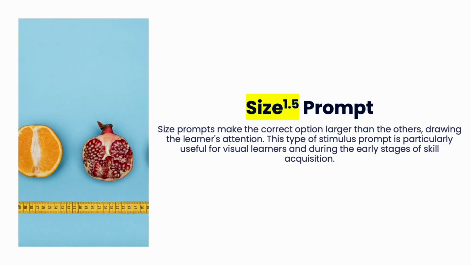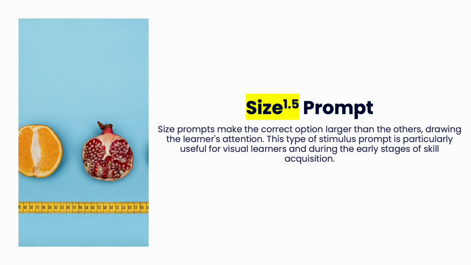Okay, a size prompt is a way that we make the correct option larger than the others, drawing the learner's attention. This one always takes more work. We can point to the correct one in a minute, we can include that on the fly, like, oh, they're not getting this right, I'm going to just point. But size, you have to plan.